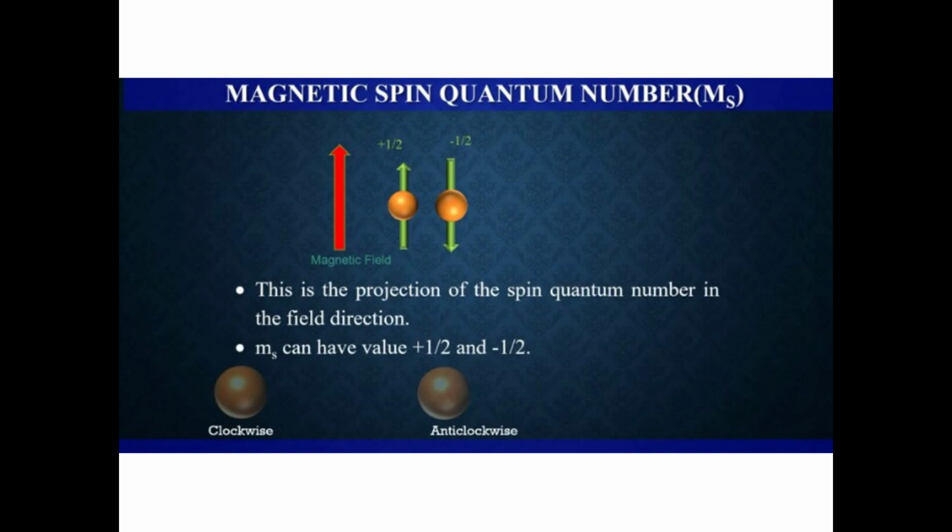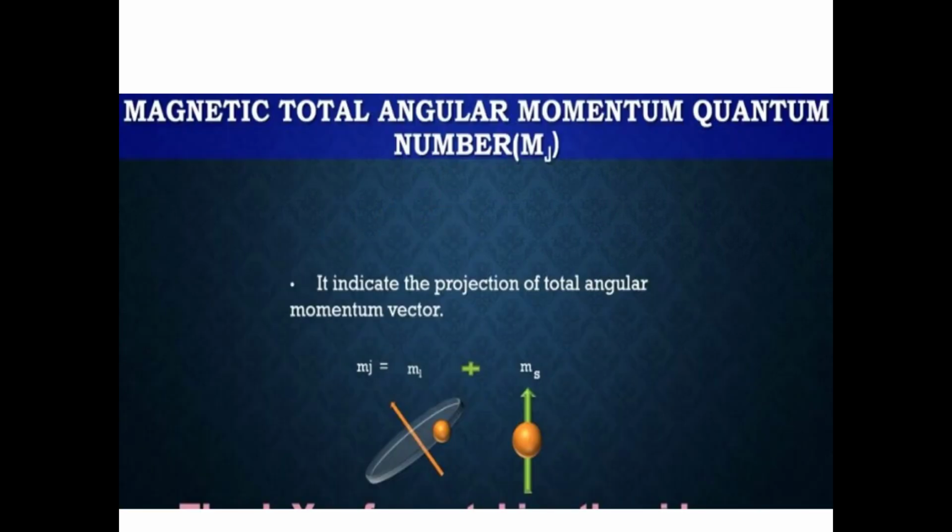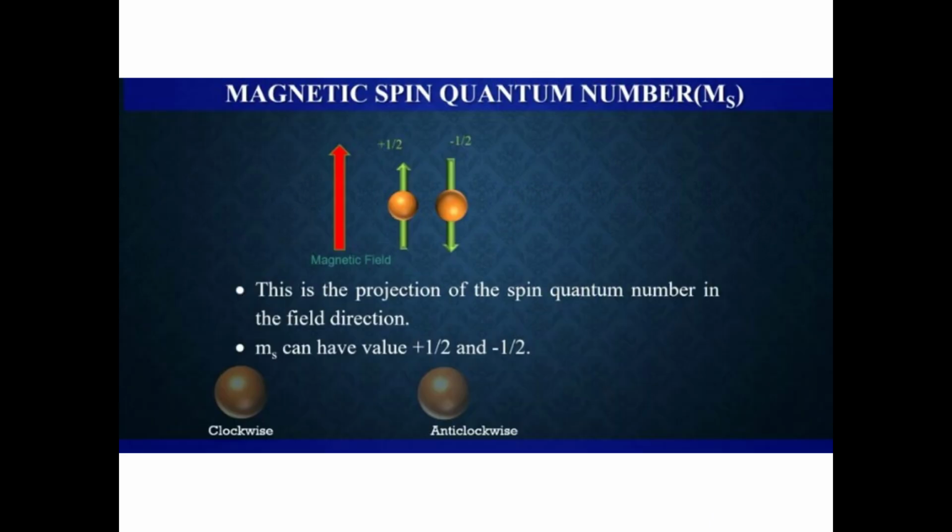This is the diagram for the magnetic spin quantum number, and this is the projection of the spin quantum number in the field direction. Ms can have values 1 by 2 and minus 1 by 2. This diagram shows that the magnetic spin quantum number Ms can have values plus 1 by 2 and minus 1 by 2.